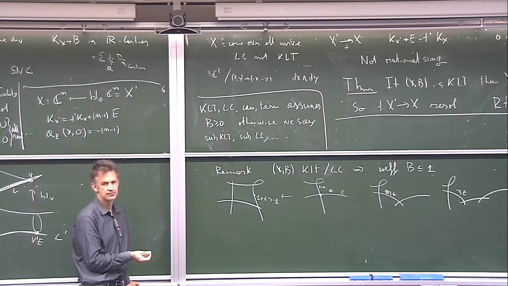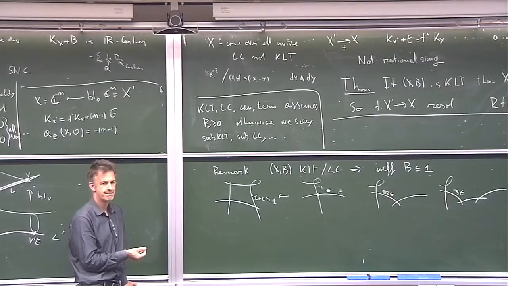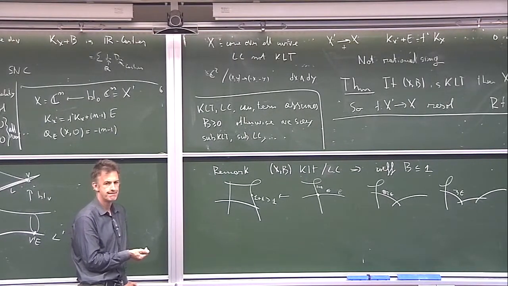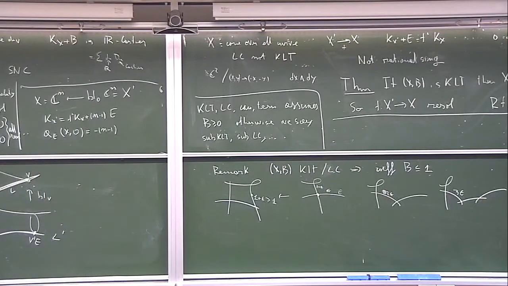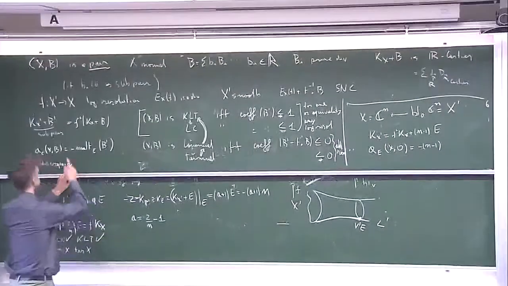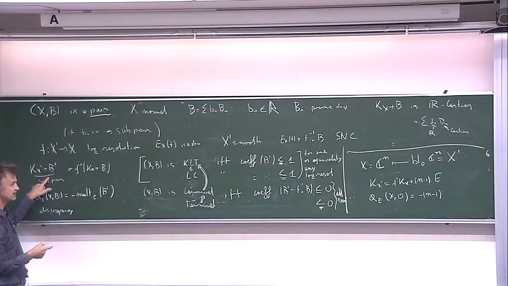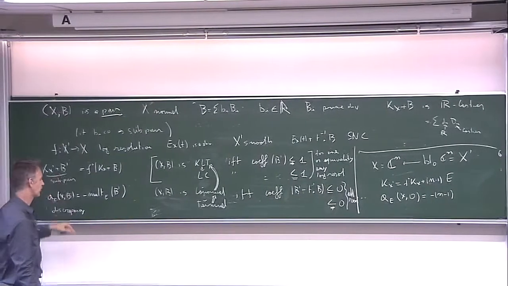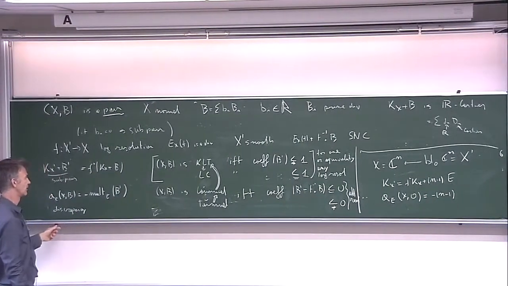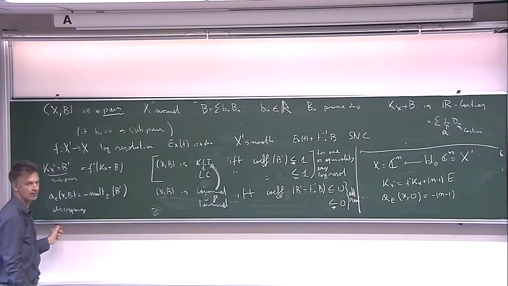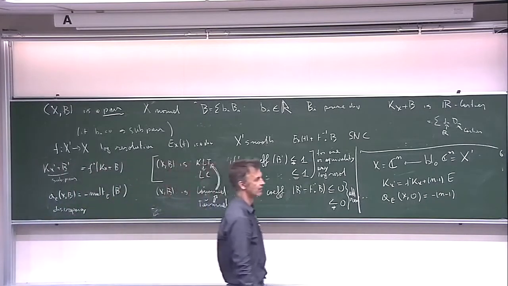No. But your definition was coefficient of E prime is smaller than, you didn't subtract the strict transform. I did. I'm using this definition here. Yeah. So with this definition, that's how I'm computing those coefficients. But you didn't subtract. Those E prime, the strict transform of B survives.